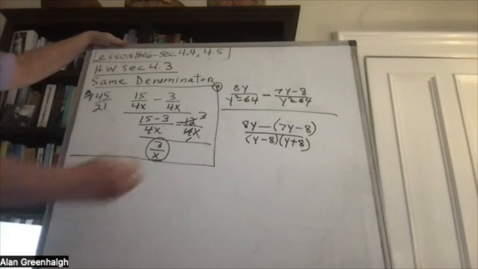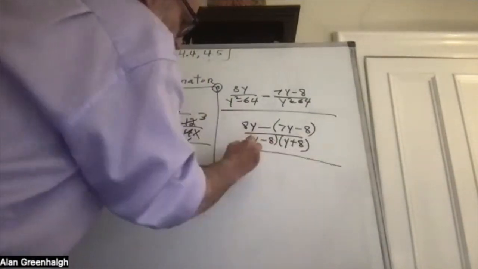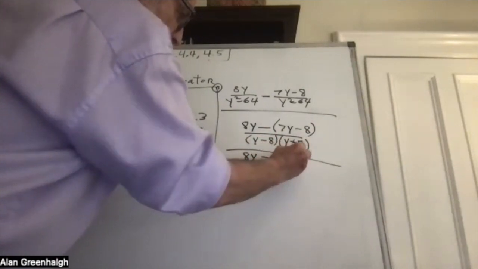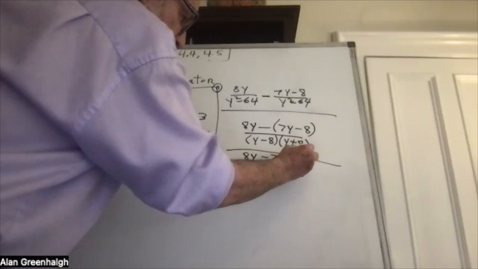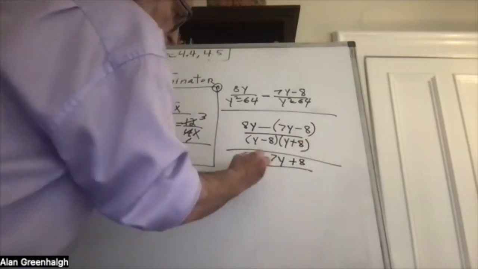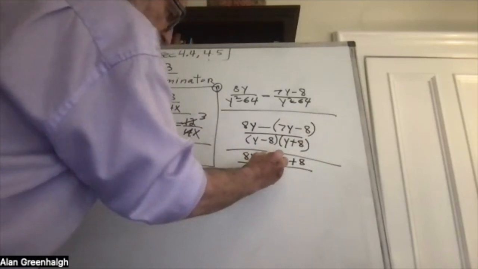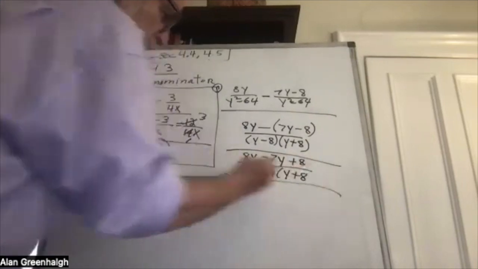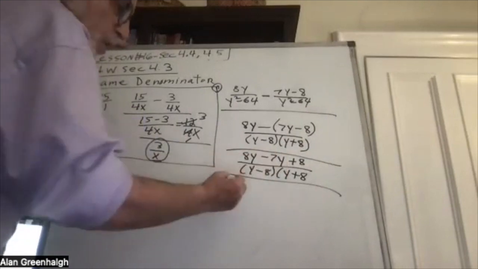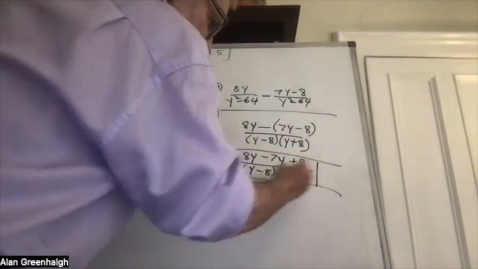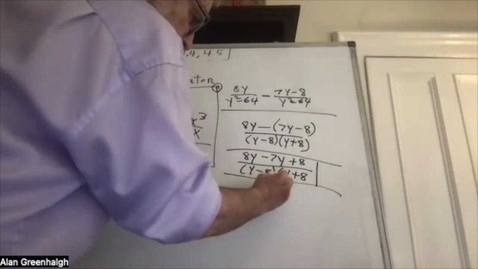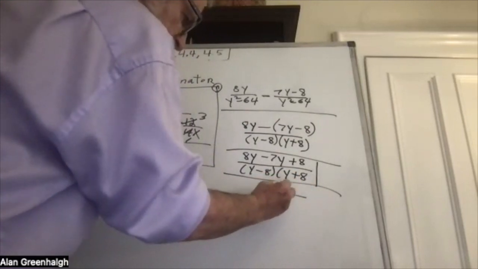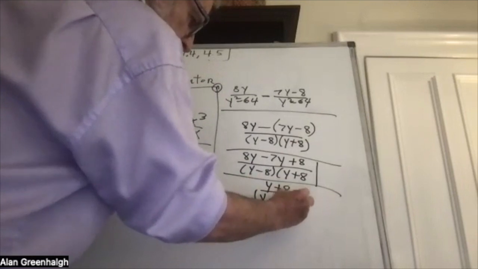And then you get 8y minus 7y plus 8 divided by y minus 8, y plus 8, which equals 8y minus 7y is y plus 8 divided by y minus 8 times y plus 8.